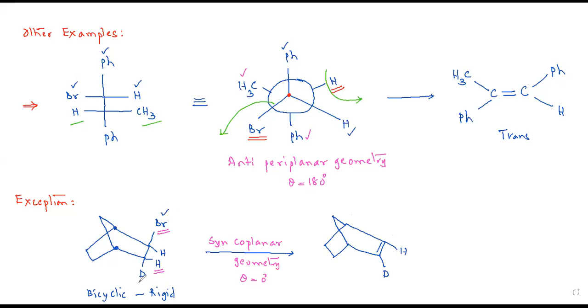Now these two are actually anti to each other. But we take bromine along with this hydrogen, which are syn coplanar. It is because of the rigidness of the bicyclic compound. Okay. So this is all about E2 reaction.